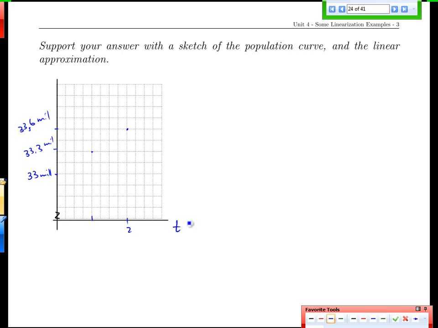So this is time in years and population. So we used a forecast that was based on this point and those slopes. There we go.